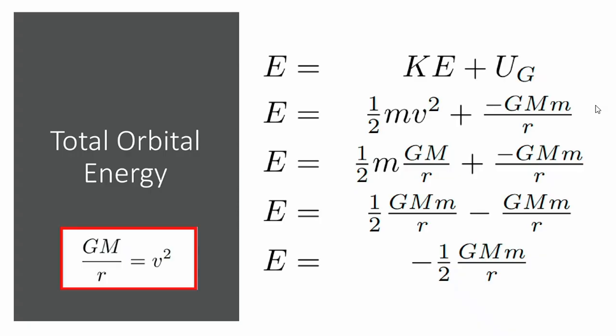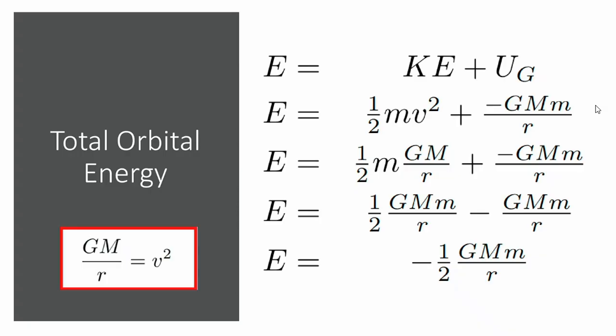And when we do that, you'll notice that both of these terms look the same. One has a negative in front, and the other one has a 1/2 in front. And so this consequence of centripetal acceleration and forces allows us to simplify the whole orbital energy of a planet or a moon or a satellite down to this one simple equation.